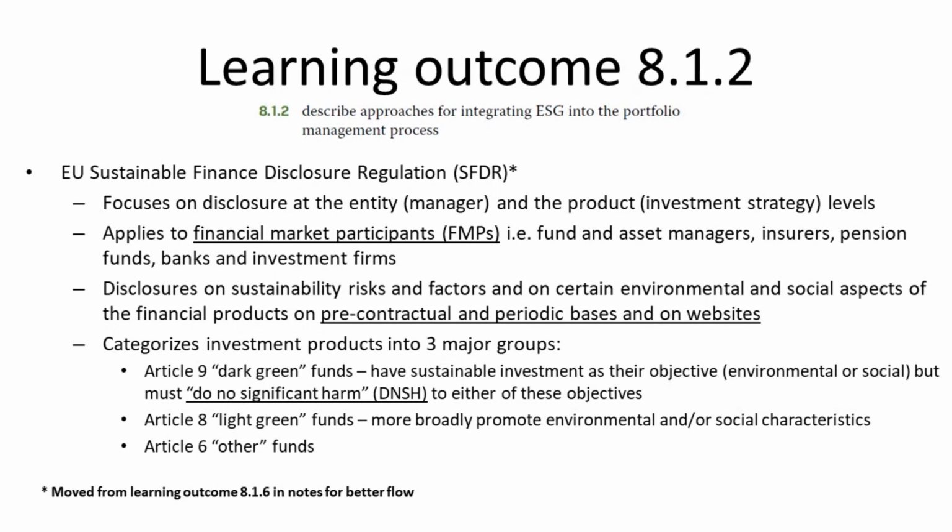SFDR categorizes investment products into 3 major groups, which we actually mentioned briefly under chapter 3. These are the so-called Article 9, 8 and 6 products. Article 9 are so-called dark green funds, which have sustainable investment as their objective, environmental or social, but must do no significant harm, or DNSH, to either of these objectives.